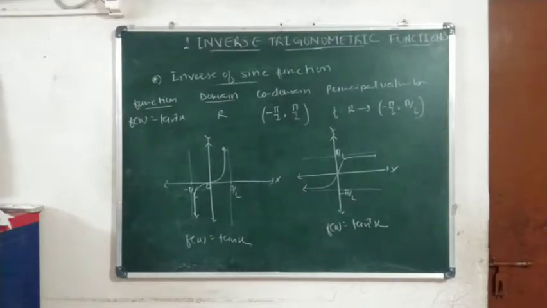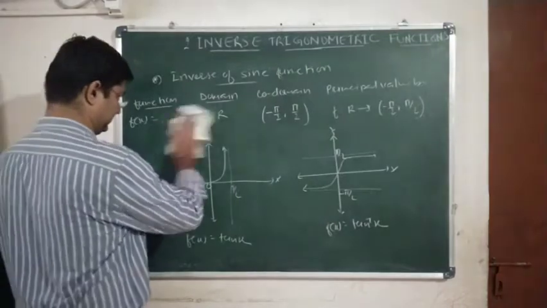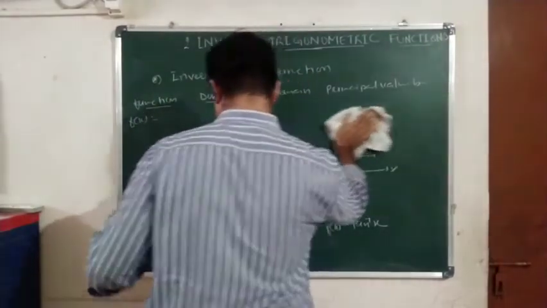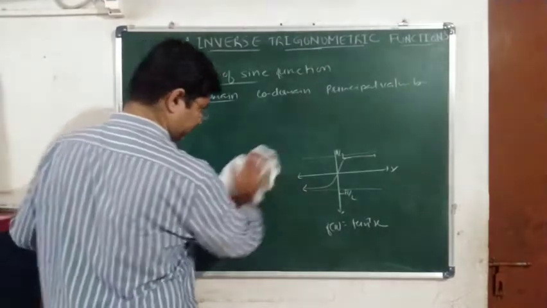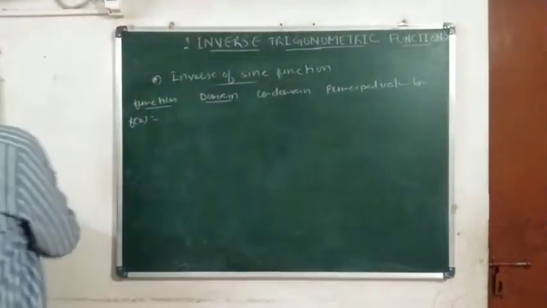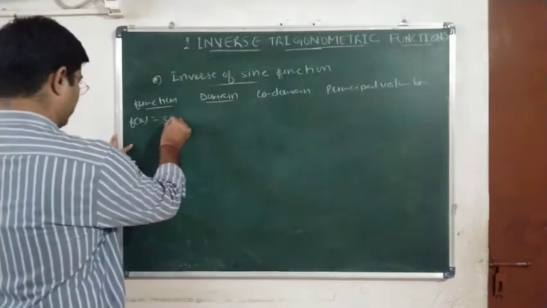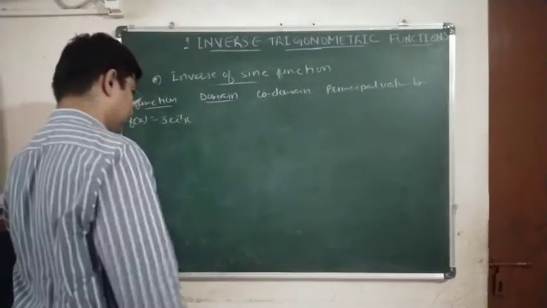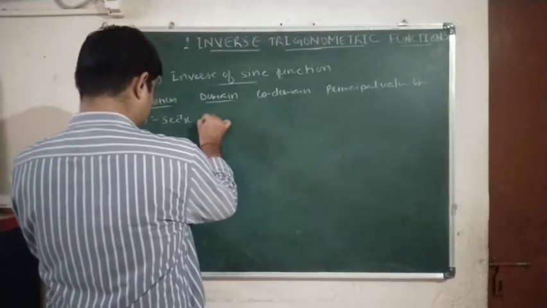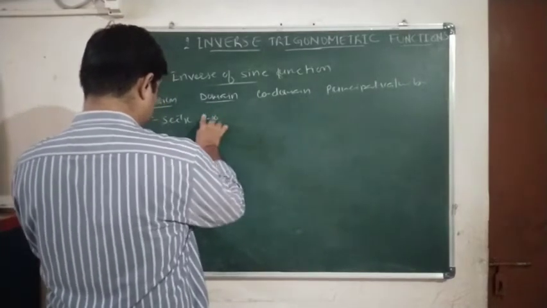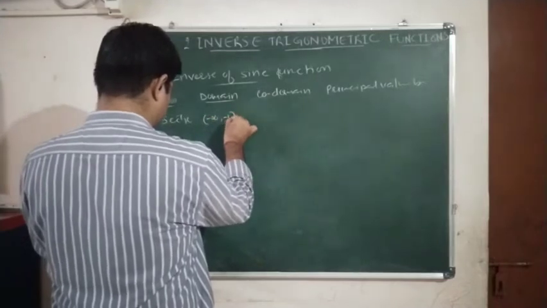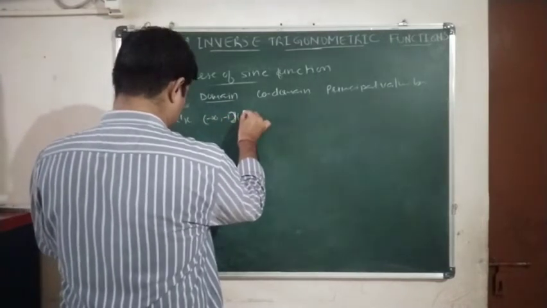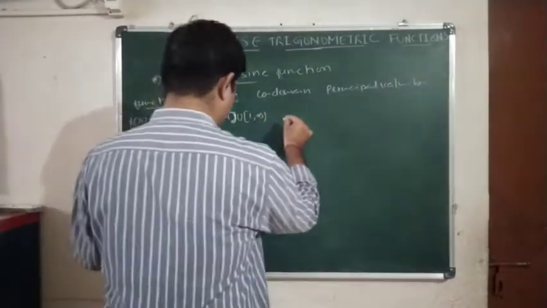Okay, now let us look at the next function, that is sec inverse x. f of x is equal to sec inverse x. Okay, the domain is minus infinity to minus 1 union 1 to infinity.